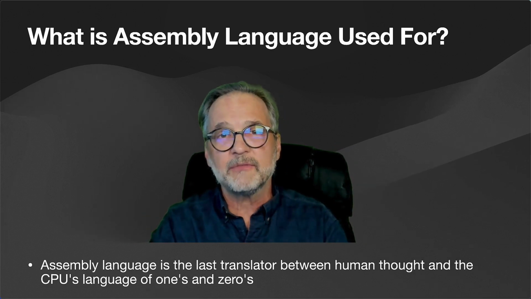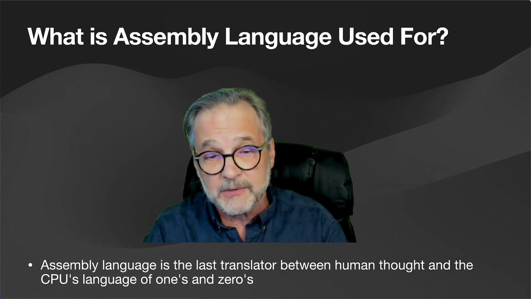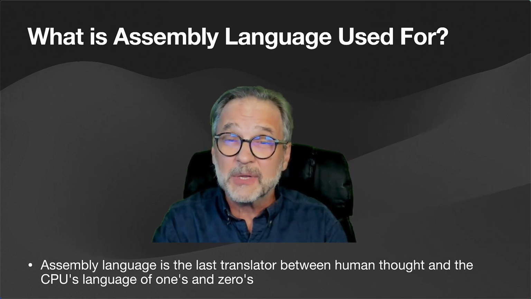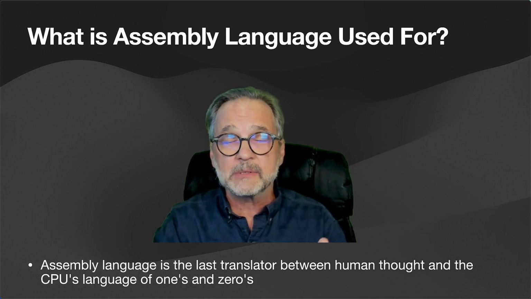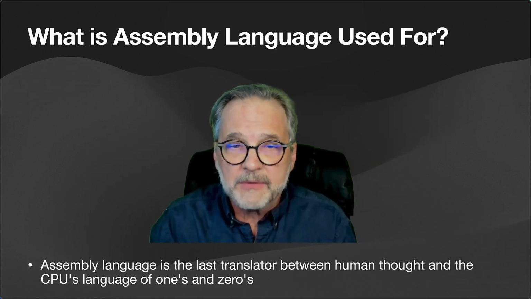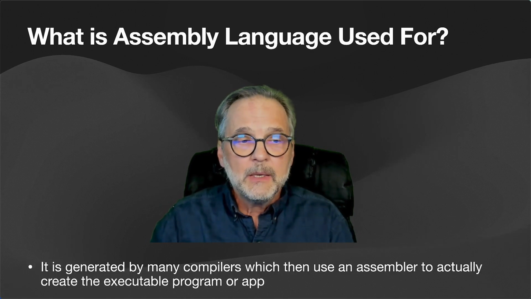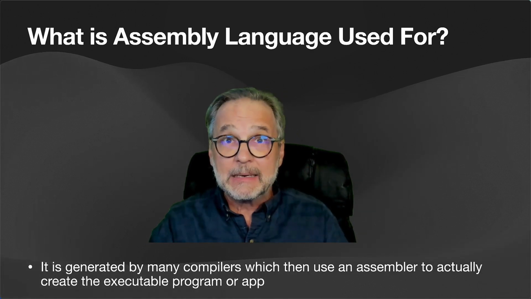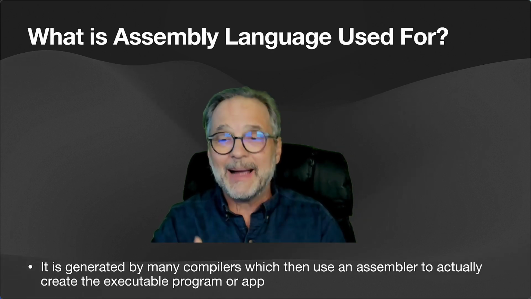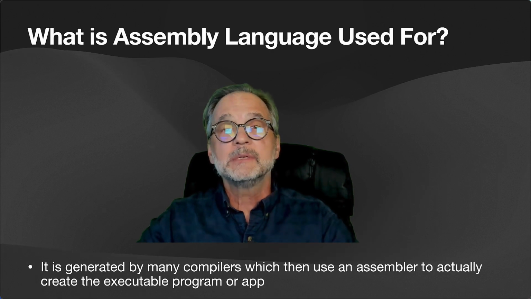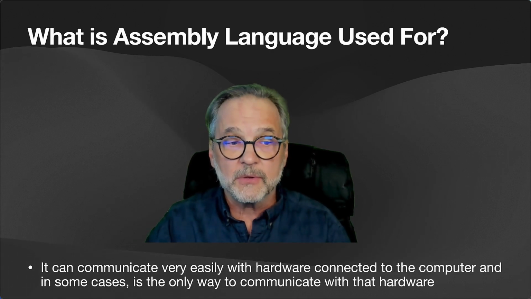And for all of you that have used Java, which is not compiled, it's tokenized, but languages like C or C++, even COBOL and Fortran, those are compilers, and you really don't care how the CPU works. Assembler code is generated by many compilers, and then that compiler will call the operating system's assembler to convert it into the ones and zeros.